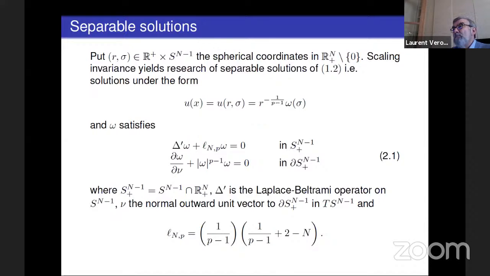So the fact that the nonlinearity is monotone can be a little modified, but you need an absorption nonlinearity. This is for this type of problem. This is really the core of this problem, to have an absorption nonlinearity.